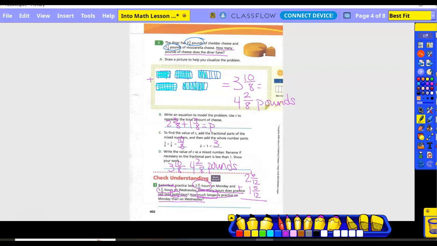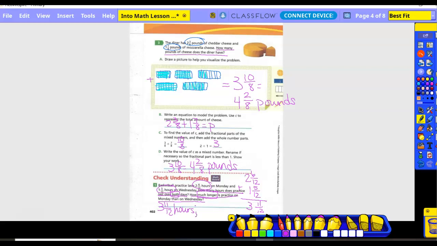So what is 6/12 plus 5/12? 11/12, and then 2 plus 1 is 3. Do we need to simplify that? No, it works just the way it is. So 3 and 11/12 hours.